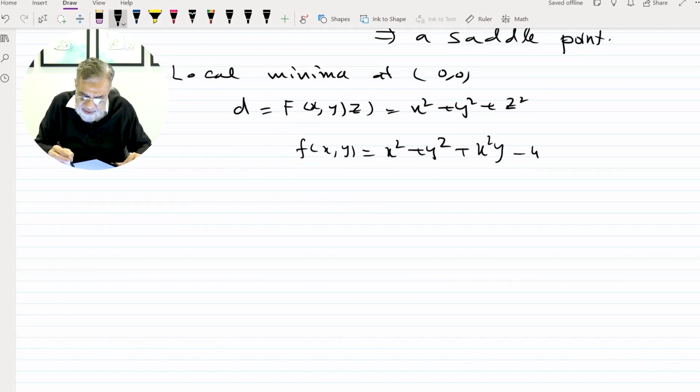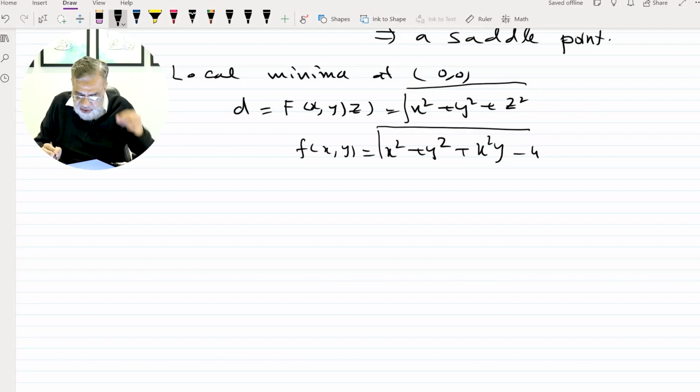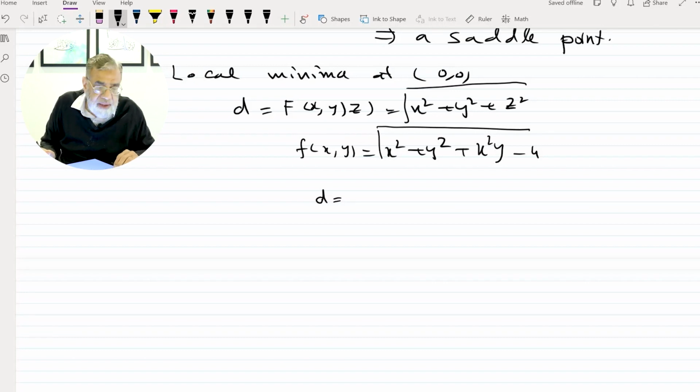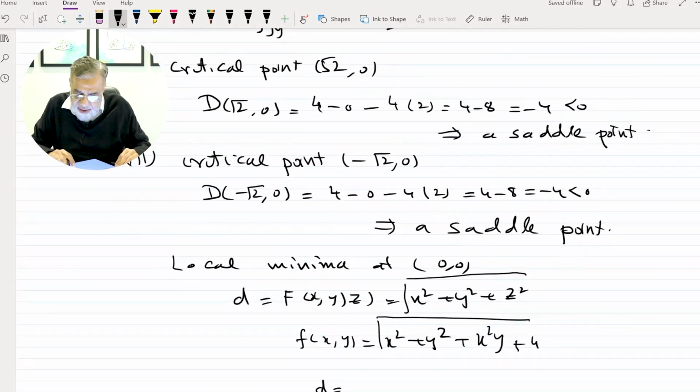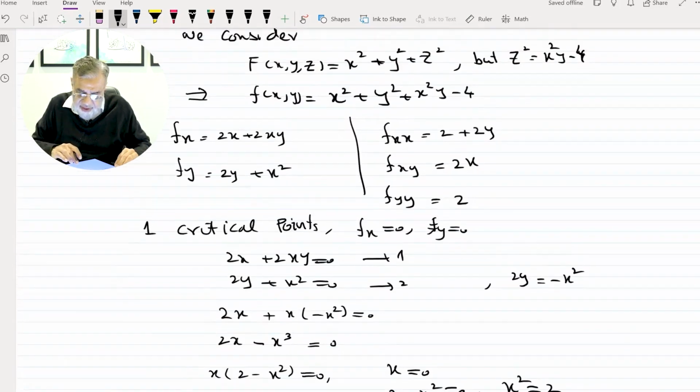So this was having the root sign, no, d is having the root. So my d is equal to, when we take the values of x equal to 0 and y equal to 0, we were going to find the value. The value was plus 4, not minus 4. Let me check if I have taken it correctly.